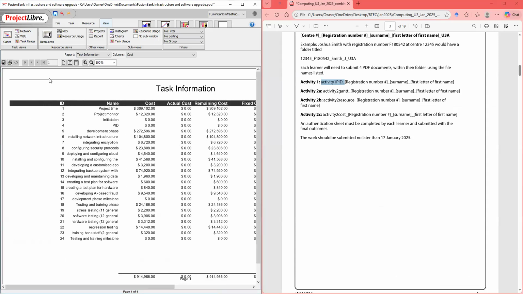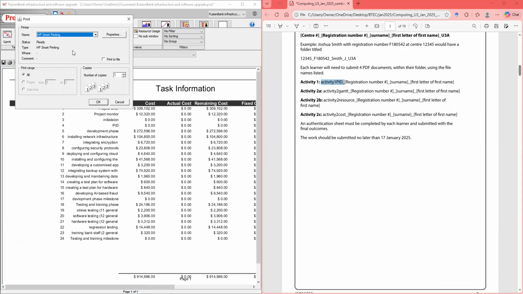So what you do, you go to the printer here. Not the smart printer, but you're going to go to Microsoft PDF again. Then you're going to do OK.